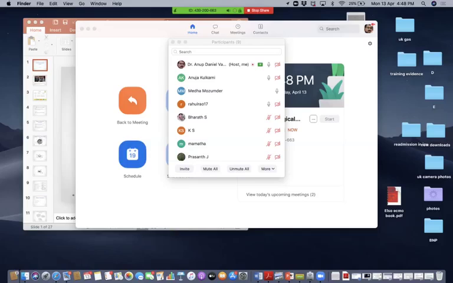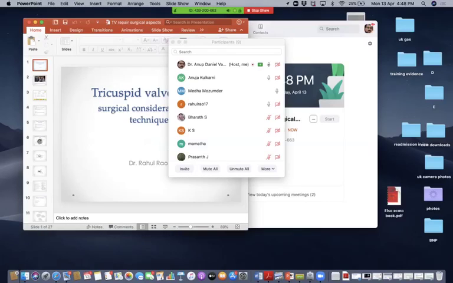Dr. Sunil has then taken us through the guidelines of what the major cardiothoracic bodies are indicating right now. So now we know the indications for tricuspid valve repair, and Dr. Rahul will be taking us through the various surgical techniques that are available to repair a tricuspid valve.